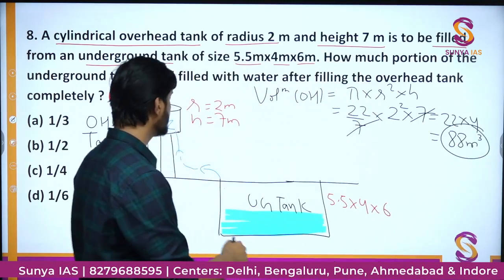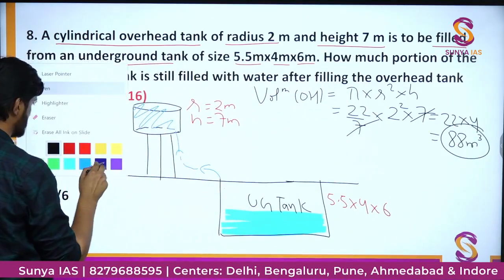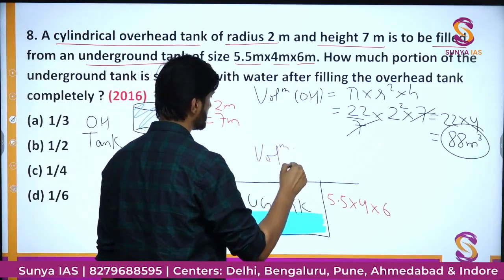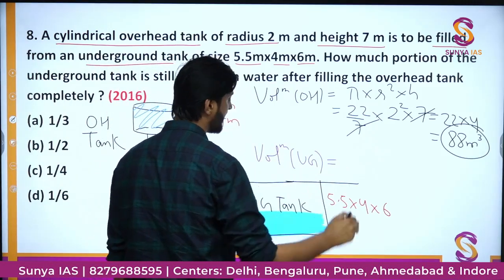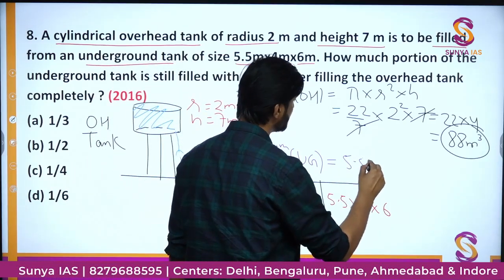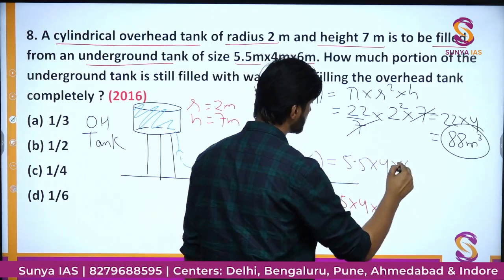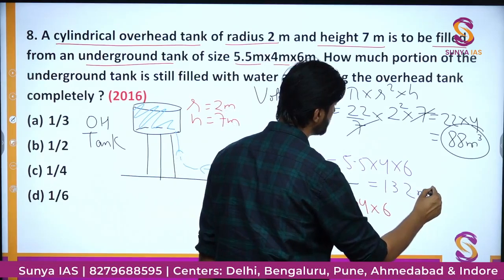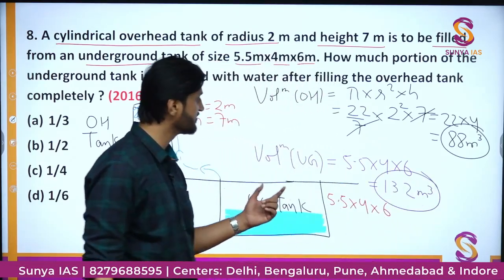Okay, then we'll talk about the volume of underground tank. For the underground tank we have the volume as simply length into breadth into height, that is 5.5 into 4 into 6. When we multiply all these values, now you will get 132 meter cube as the volume of the underground tank.